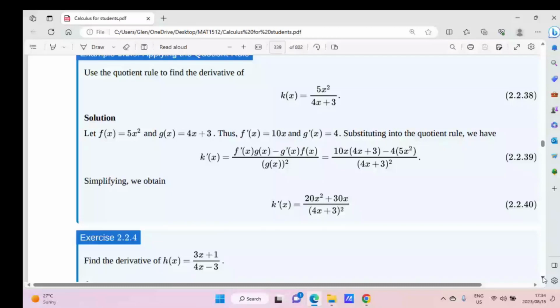Please repeat. x minus 4 all over 16x squared minus 12x plus 9. Yes. Thank you, Tabo.